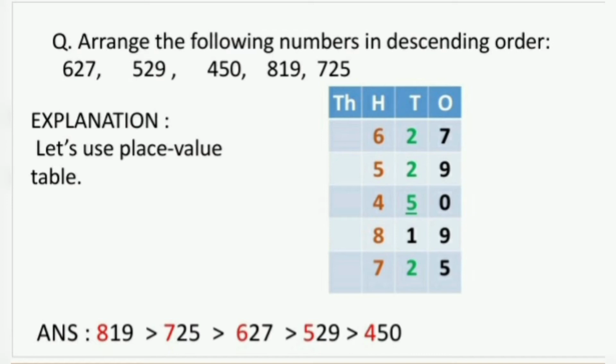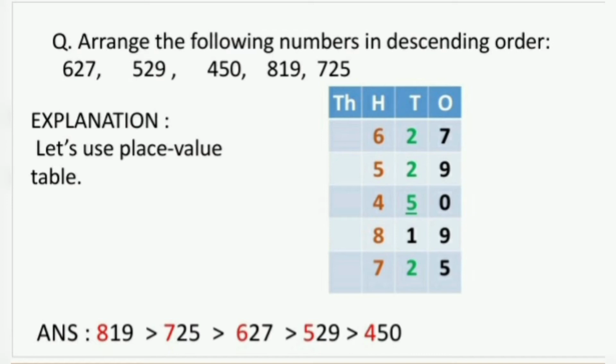Now when you arrange the numbers in descending order, that means biggest to the smallest. Okay, and when you compare the numbers, you start from left side to right and see the highest place and compare the numbers.